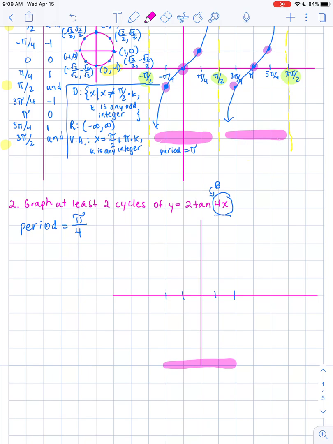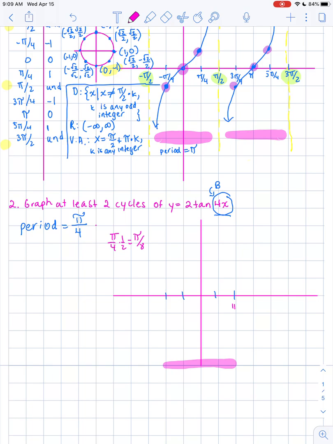If I want half of pi over 4 on one side and the other half on the other side, that means I'm multiplying pi over 4 by a half. So pi over 4 times a half is pi over 8. So pi over 8 plus pi over 8 is 2 pi over 8, which is pi over 4.